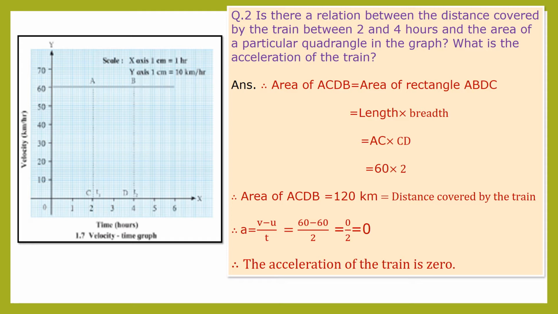We know, children, the formula of acceleration: acceleration is equal to (v minus u) upon t. And v minus u means 60 minus 60 upon time t, that is 2 hours. So the numerator will become 0. Due to that, the acceleration of the train will become 0. I hope, children, it is clear too.